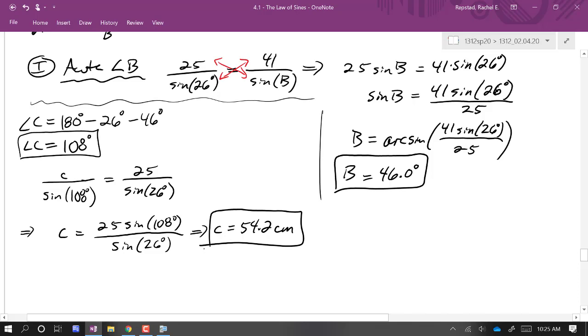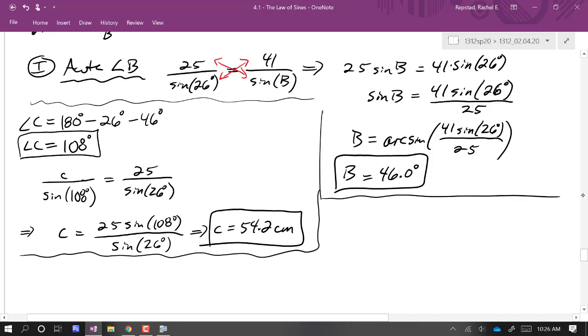It's longer than the other side, so that jives with angle C being the biggest angle. In the ambiguous case, we went through all the trouble of making the observation that there were two triangles to solve. So just be careful and make sure that you solve the second triangle. We just did a bunch of work and solved the triangle and it could just feel like we're done. But we have another one to solve.